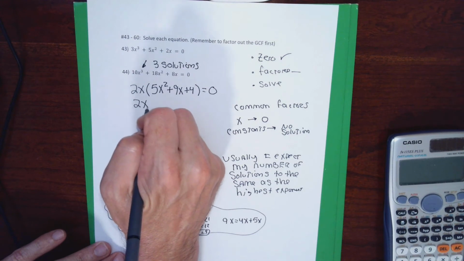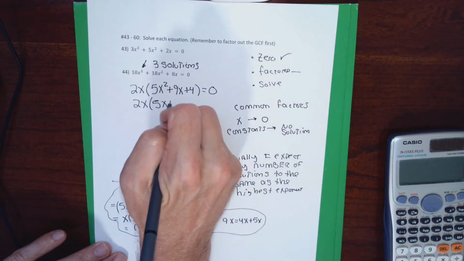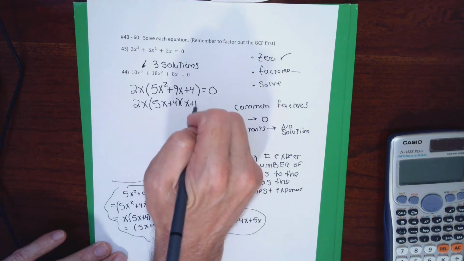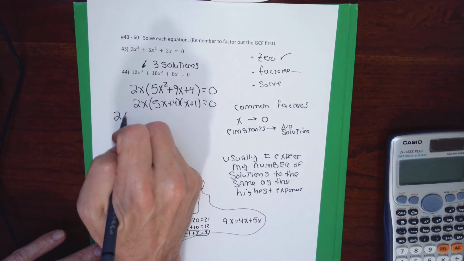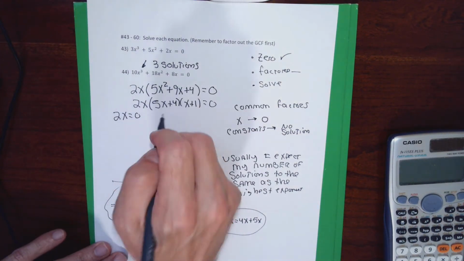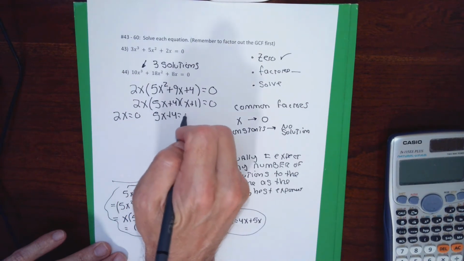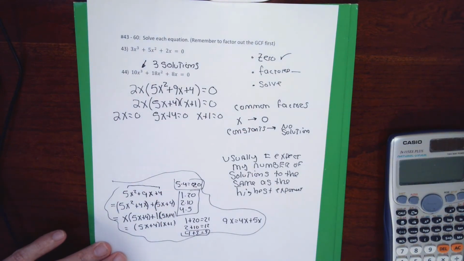I'm going to make this 2x times 5x plus 4 times x plus 1 equals 0. Now that I have it factored, I go 2x equal to 0, 5x plus 4 equal to 0, x plus 1 equal to 0.